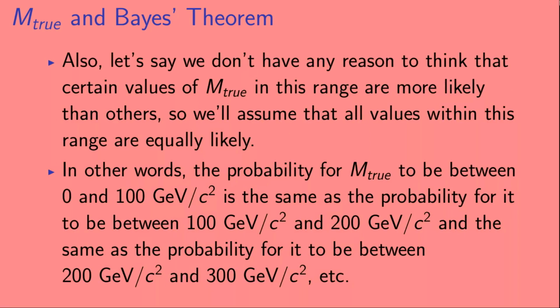Also, let's say we don't have any reason to think that certain values of M true in this range are more likely than others. So we'll assume that all values within this range are equally likely.